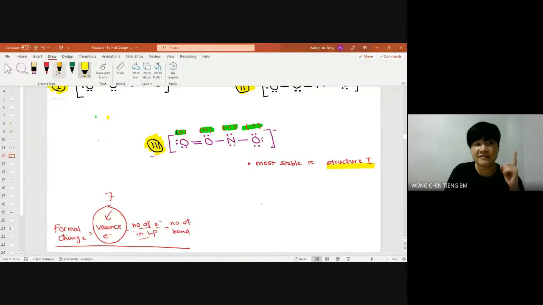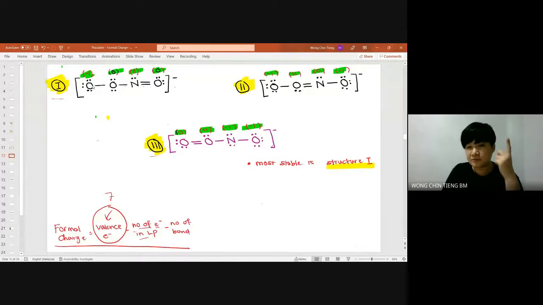Okay? First mark: formal charge. Second mark: most stable structure, and the most stable structure always comes with an explanation why. Easiest: Intan said most 0, because it has the lowest or most 0 formal charge.